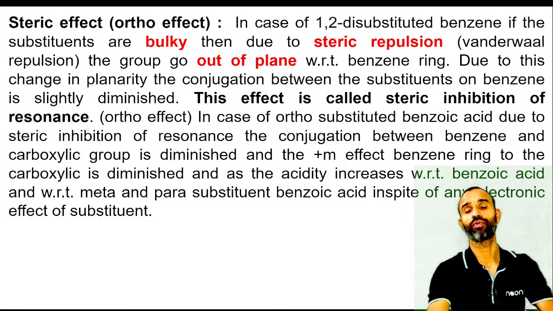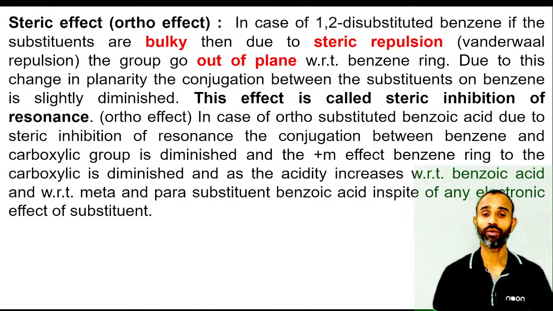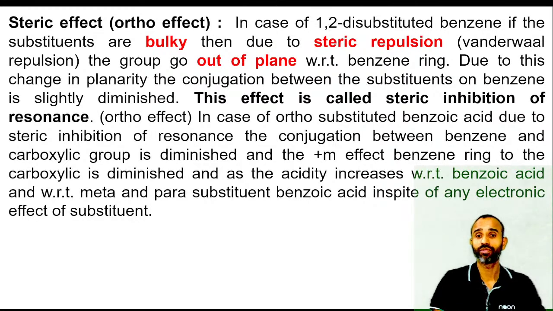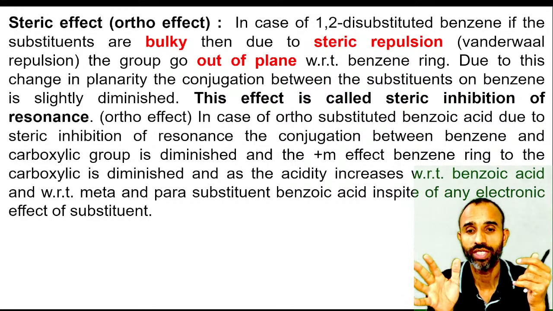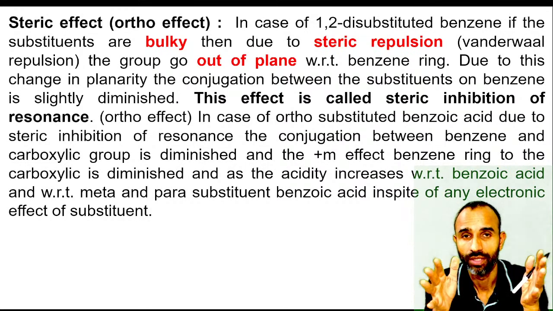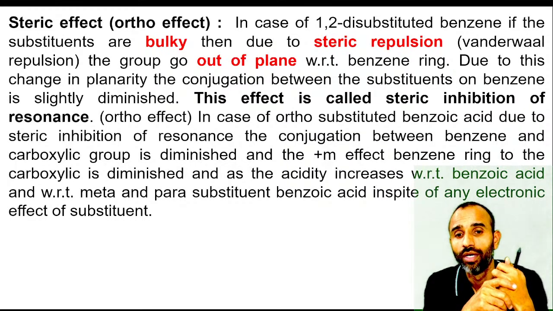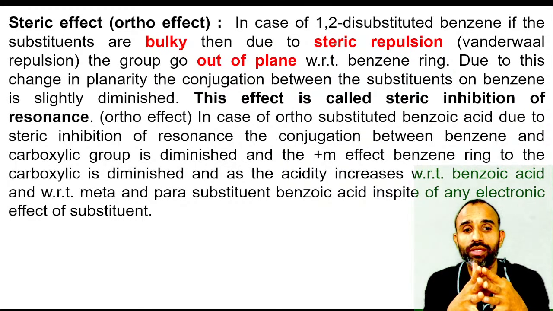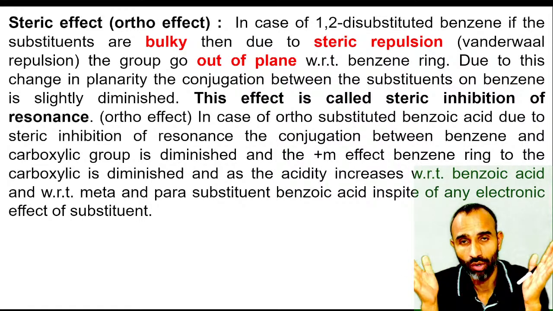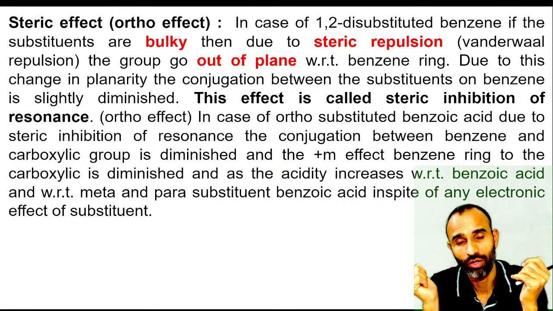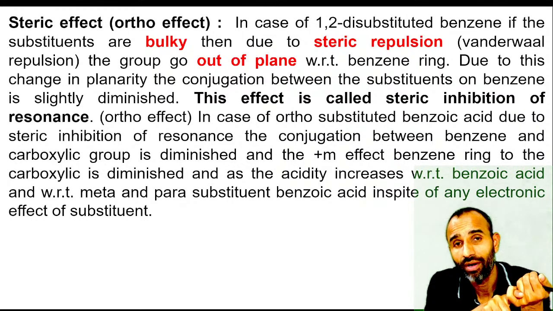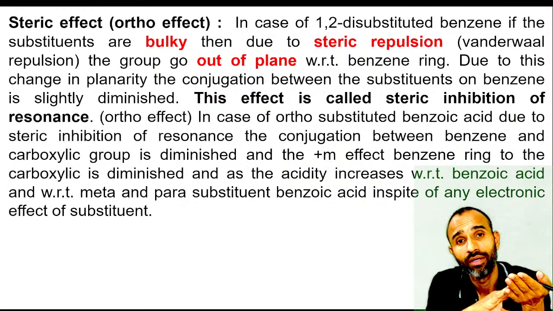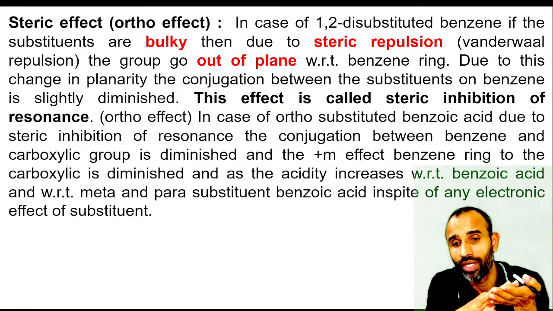So ortho effect first. Whenever we have 1,2 disubstituted benzene, if the substituents are bulky, then what happens? Due to that steric repulsion, that group goes out of plane with respect to benzene ring, because resonance takes place only when all are in plane, means all are sp2 hybridized, and that should be in plane.